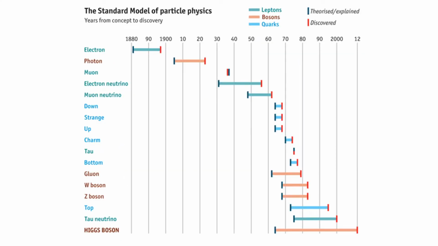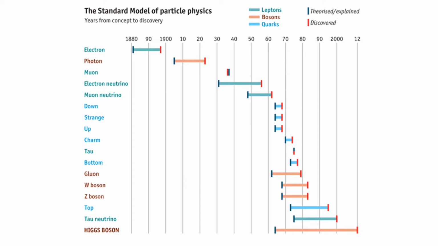Here's the timeline for what became the standard model of particle physics, which I've just been describing. It was kicked off by the discovery of the electron, the first new particle since Rutherford and since we thought of an atomic nucleus. Photons were understood early in the century, and you can see through the 40s, 50s, and 60s, especially in the 1960s, enormous progress with accelerators on discovering the quarks and other particles and exchange particles.